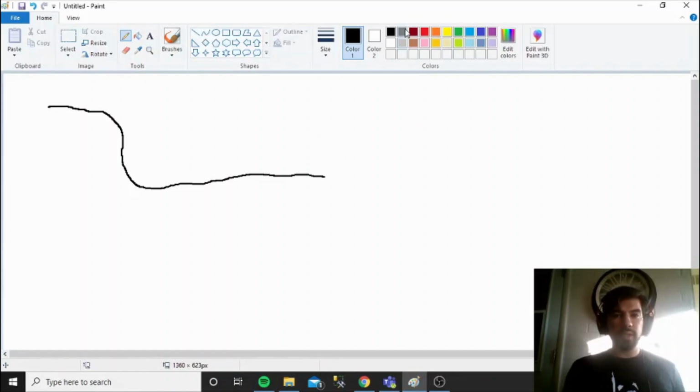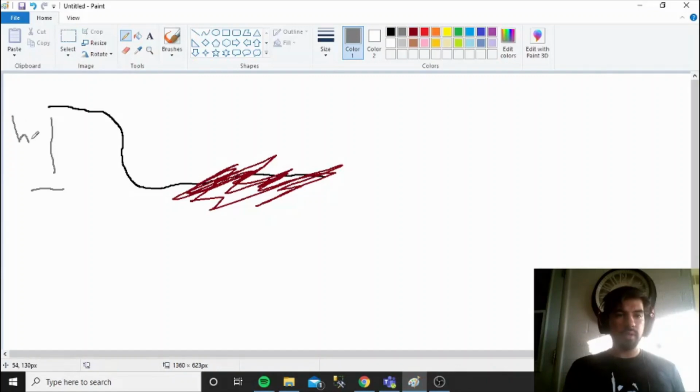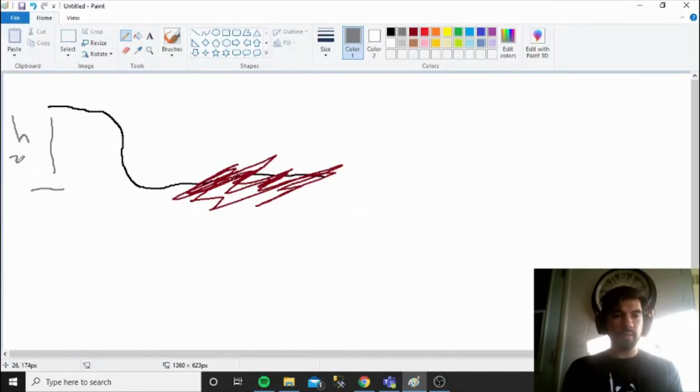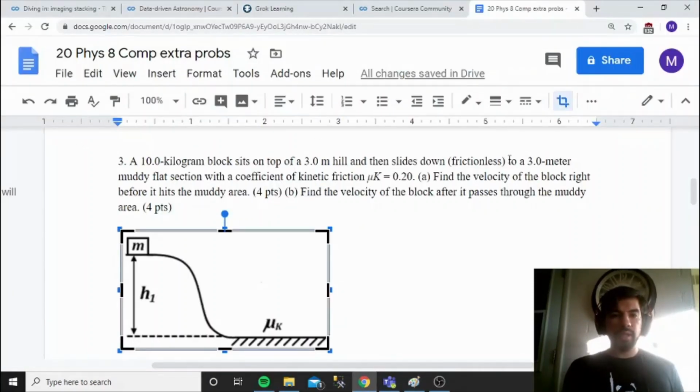And then this right here is really, really muddy. Now the height here, what is that? 3 meters, 3.0. And to a 3 meter muddy flat section.